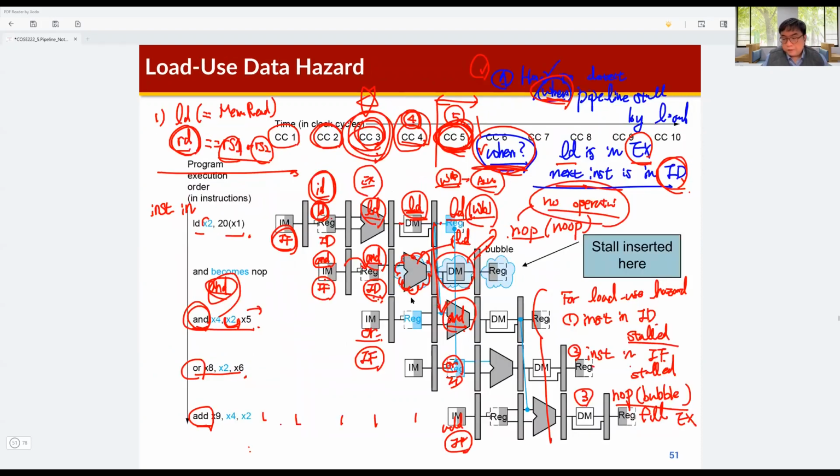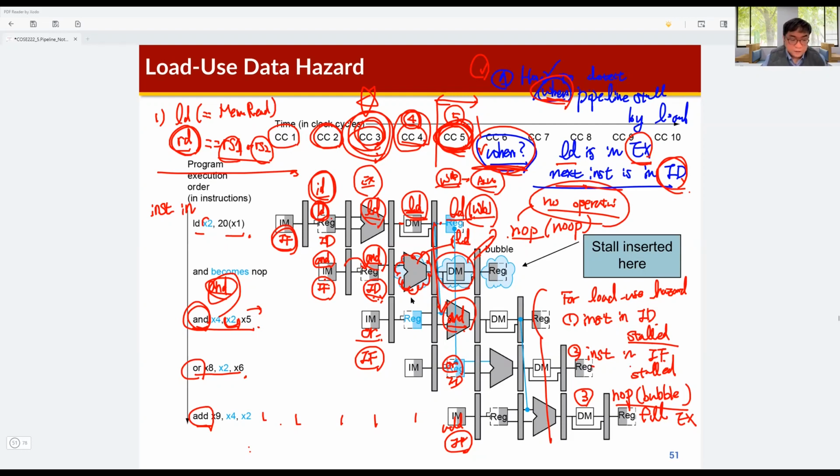When the load use hazard is detected, we need to stall the instructions in the ID stage and the instruction fetch stage, because if the load instruction is in the memory stage and the following instruction is in the ID stage, the following instruction needs to use the result from this load instruction.